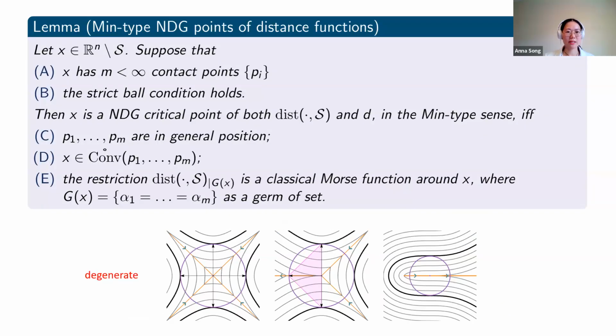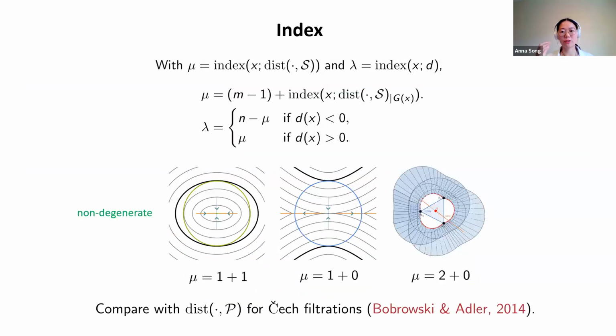For point clouds, A already holds, B is not really defined, and the only requirement for points to be NDG is C and D. E is always satisfied because here the stratum of the medial axis corresponds to the Voronoi cell on which X is located, and it's always a local min there. So the index of the restriction contributes the term 0. So the index there is only m minus 1, the first term.